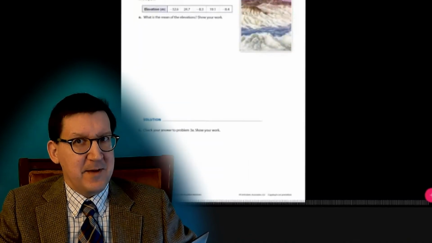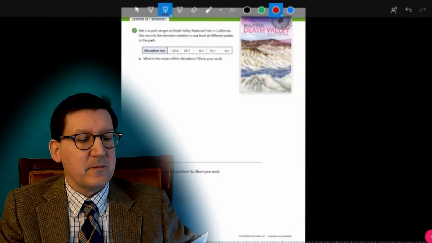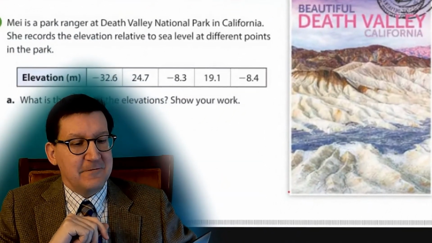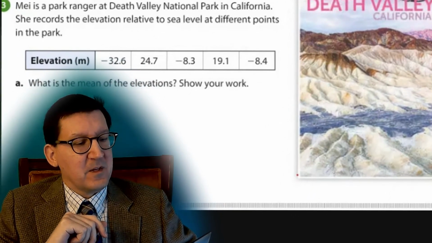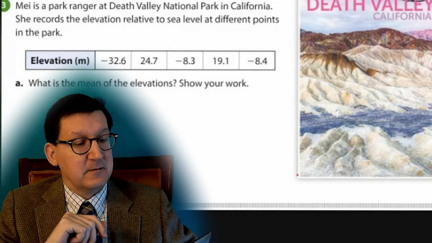All right, now we're up in the green pages, so I want you to try these on your own. Mai is a park ranger at Death Valley National Park in California. She records the elevation relative to sea level at different points in the park.